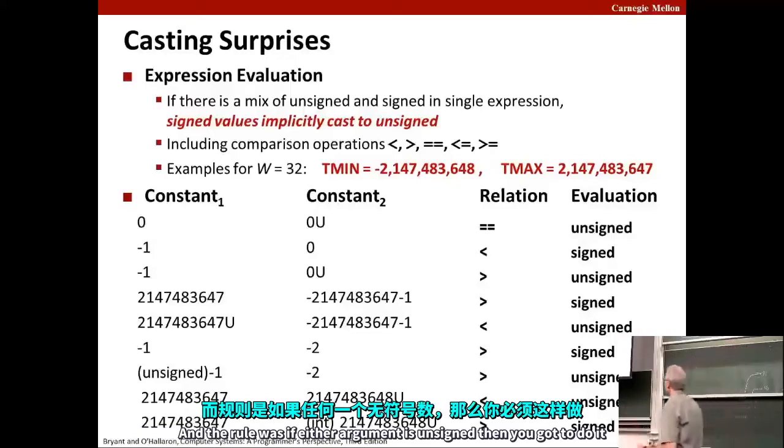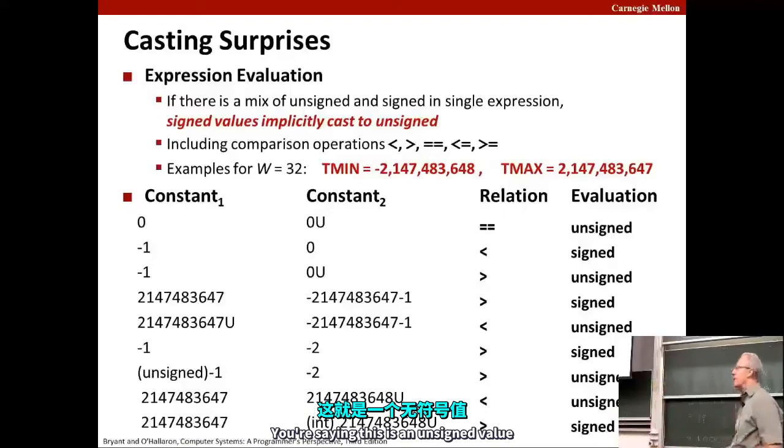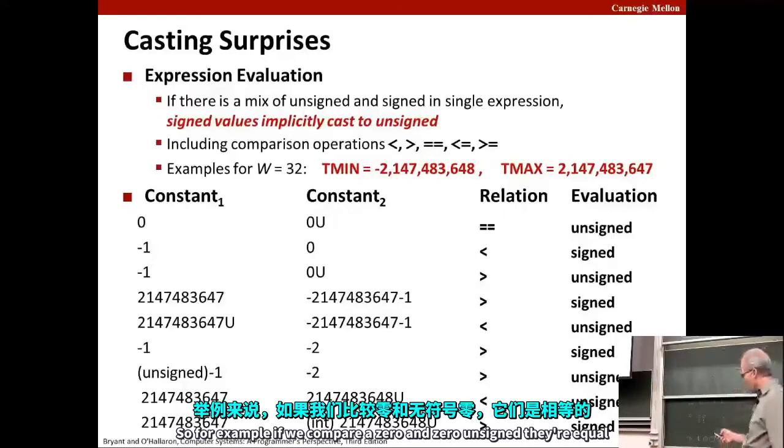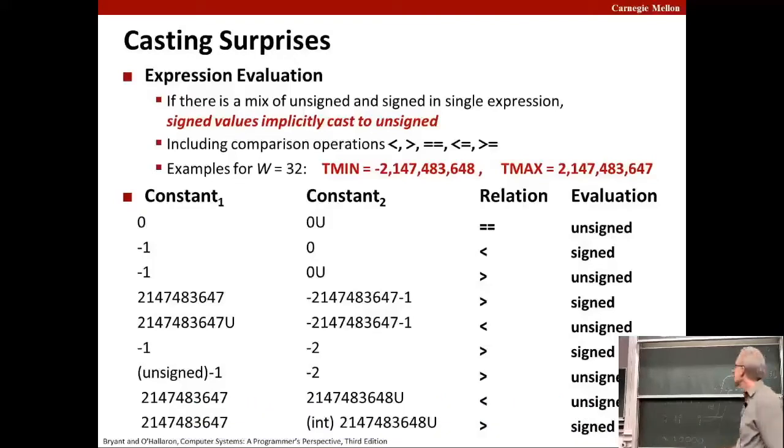The rule is, if either argument is unsigned, then you have to. And when you put a u at the end, either lowercase or uppercase, of a numeric constant, you're saying this is an unsigned value. So, for example, if we compare 0 and 0 unsigned, they're equal.